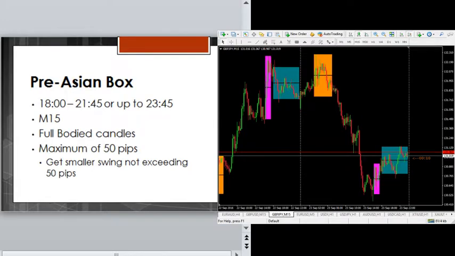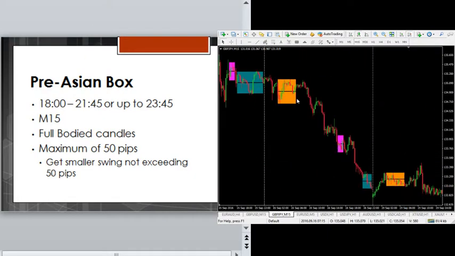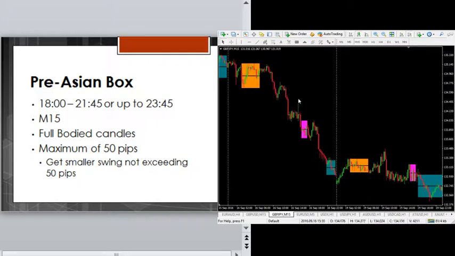The pre-Asian box time frame, again referring to Pepperstone time, is 1800 up to 2345. The time frame is M15. It is a full-bodied candle, so we are not considering the wicks when we are plotting.